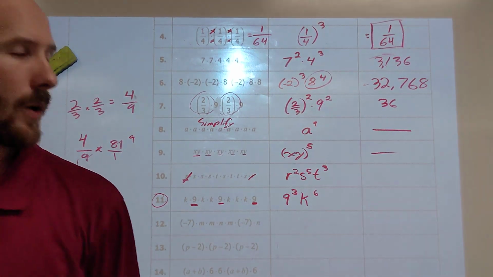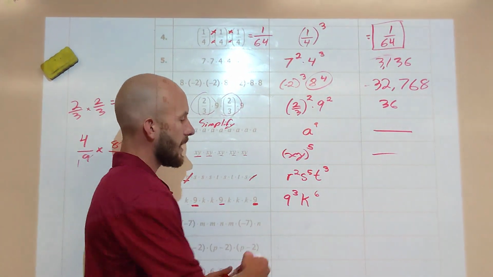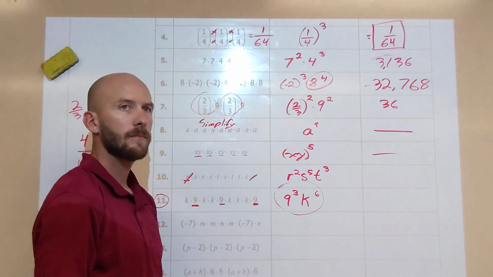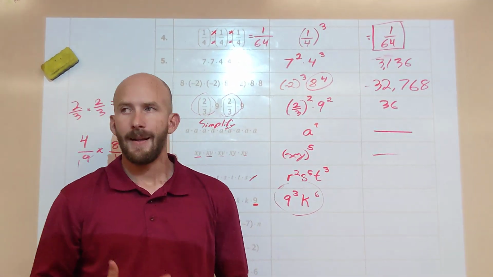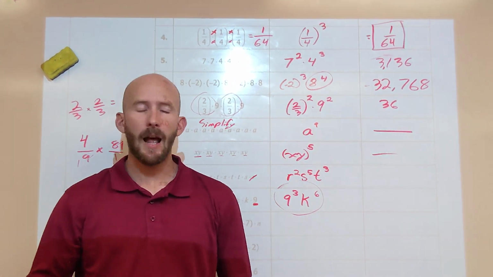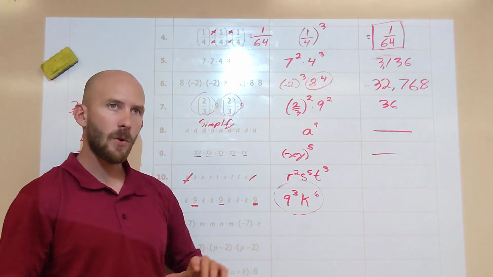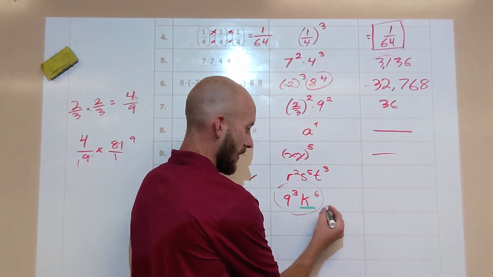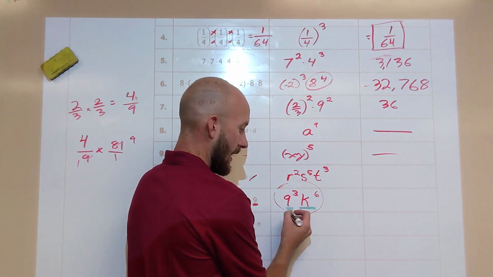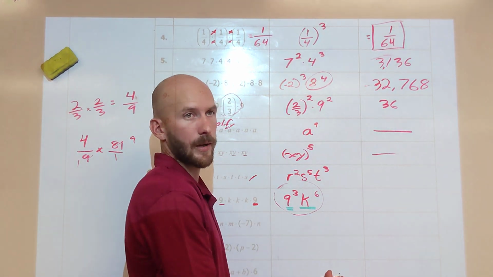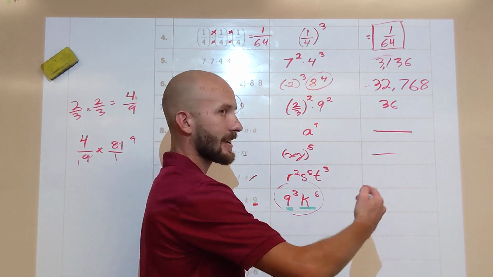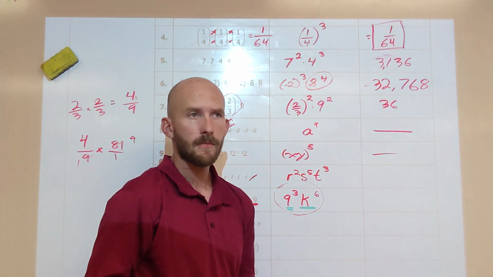Good. Okay. Can I simplify this any at all? Maybe with the 9. Right. I don't know what K is, so I can't do anything here, but I can do something with the 9, right? Yeah. Okay. So we just need to figure out what 9 to the third is.